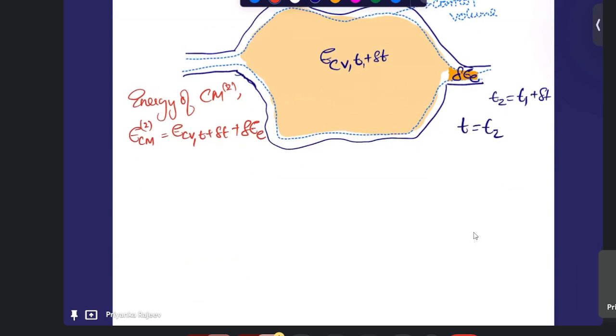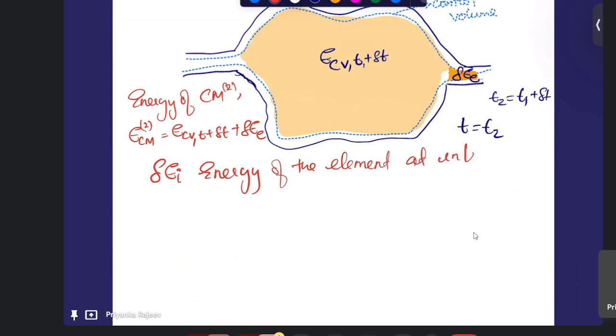Now, this delta EI is energy of the element at inlet. So you can take it as a small system by itself.